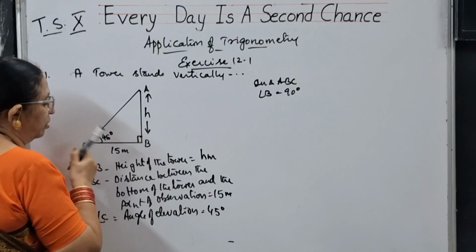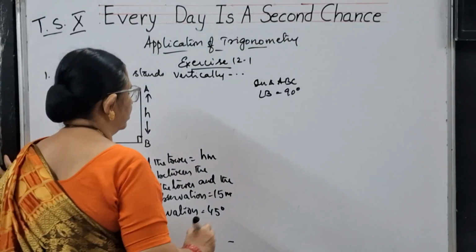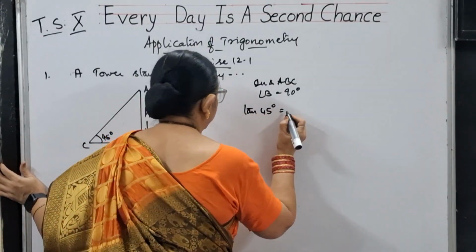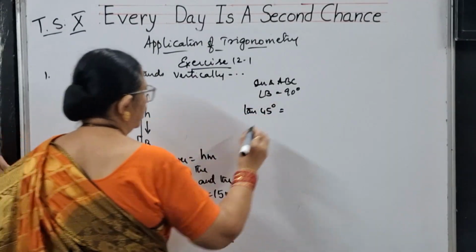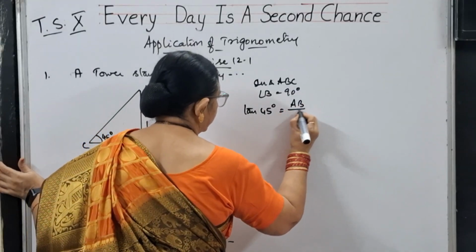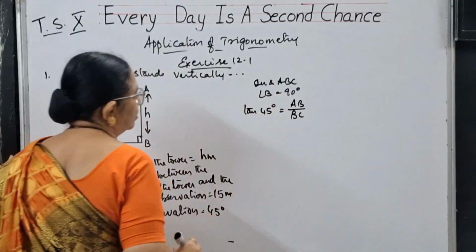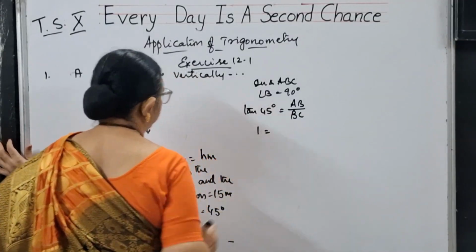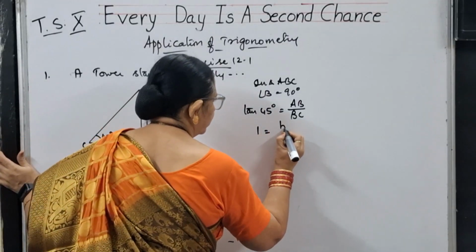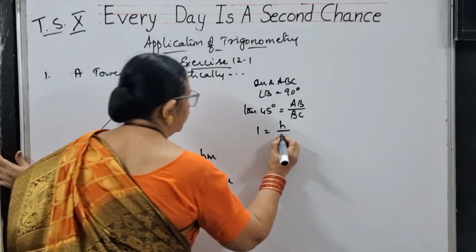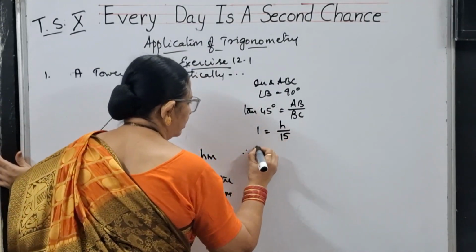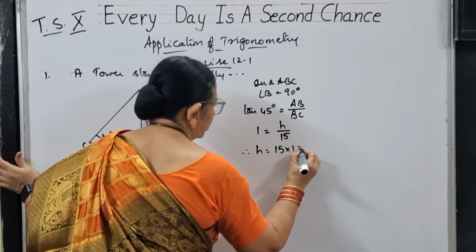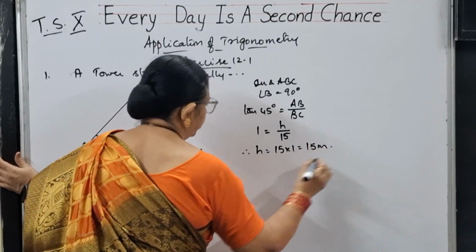So tan 45 degrees is equal to AB by BC. What is tan 45 according to the table? Its value is 1. So 1 is equal to AB, that is h, by BC, which is 15. So what is h? h is equal to 15 into 1, that is 15 meters.